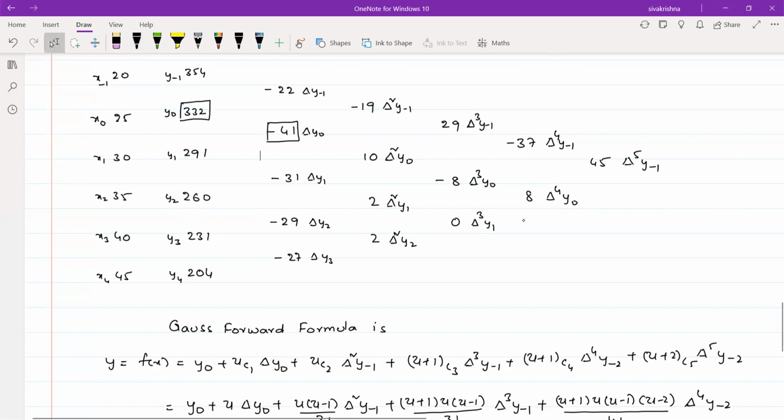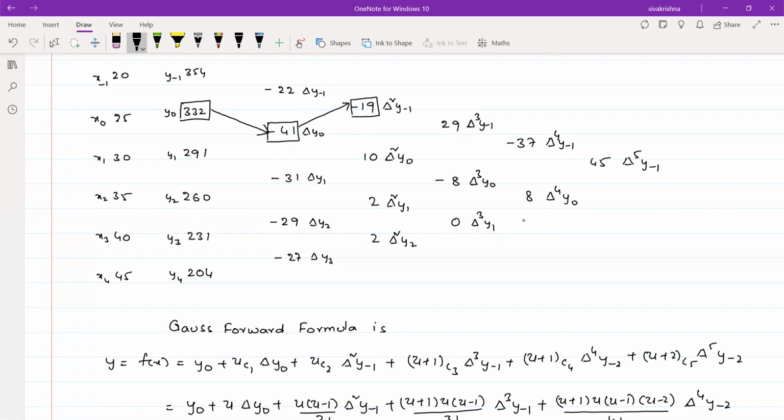So I am drawing an arrow downward. The first arrow should be towards delta y naught, and after that the arrow towards delta square y sub x minus 1. So this is the value of delta square y sub x minus 1, so we have to round it.